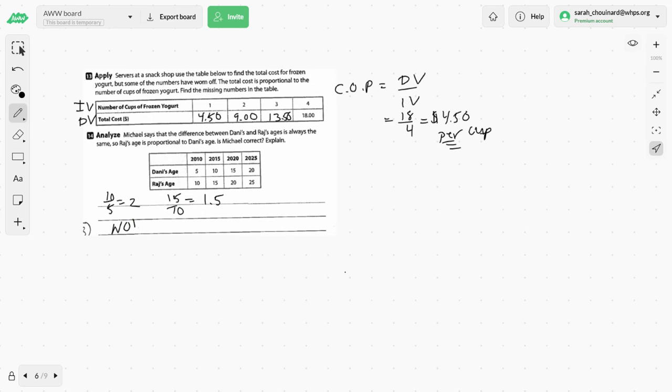So these are not proportional because there isn't a constant ratio. Constant is kind of the key word here, because that's what the C stands for in C.O.P, constant of proportionality. If it's proportional, it's the same ratio every time.